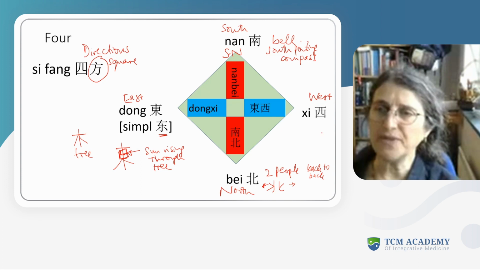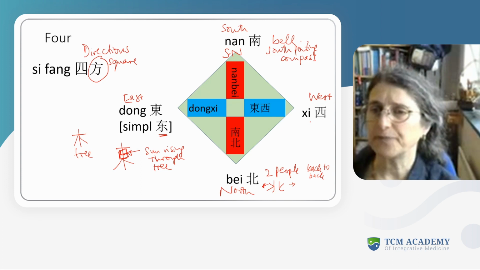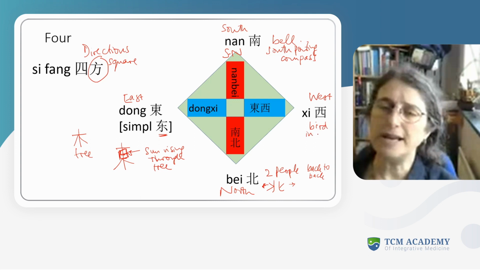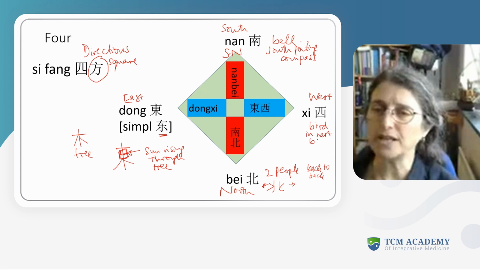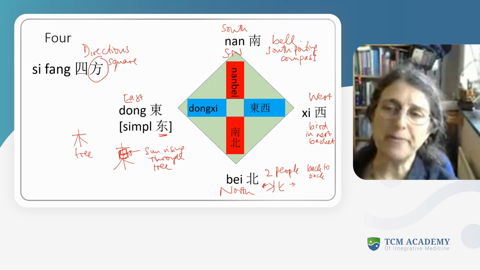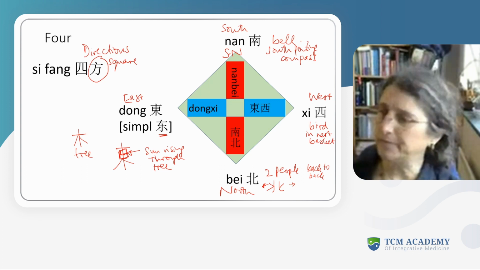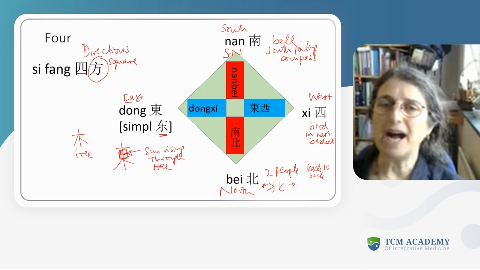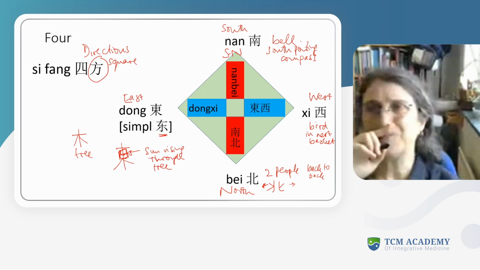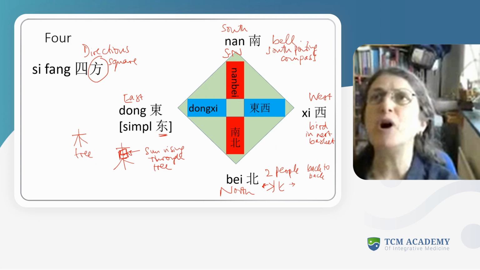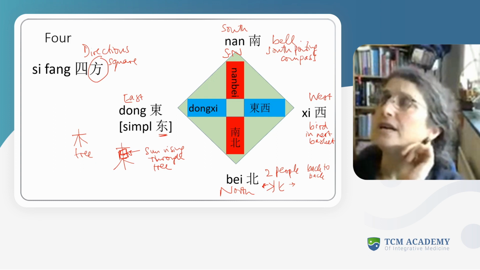And the west is something to do with a basket. It's like a bird in a nest or in a basket. And why would you have that in the west? Because there's an ancient myth about the sun rising in the east, from the mulberry tree in the east.